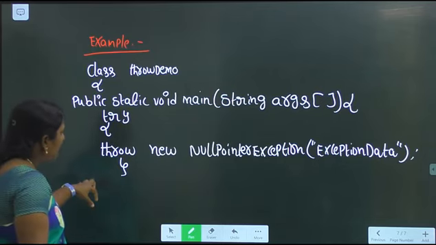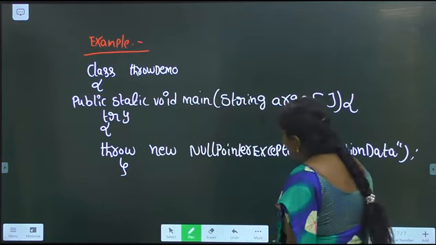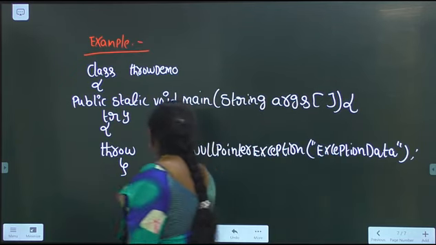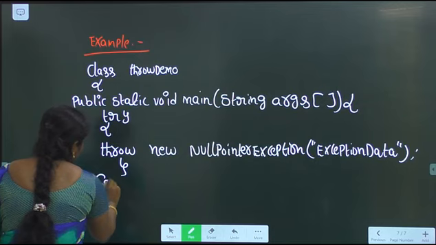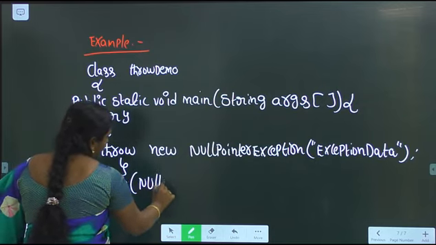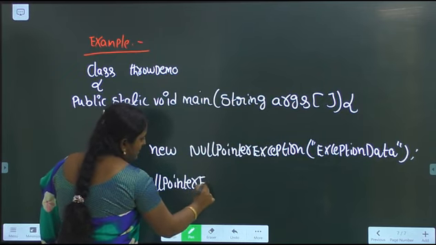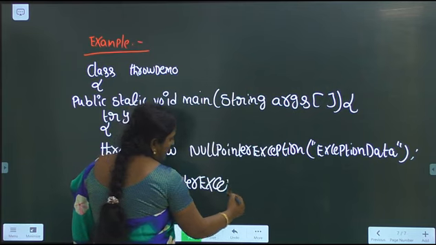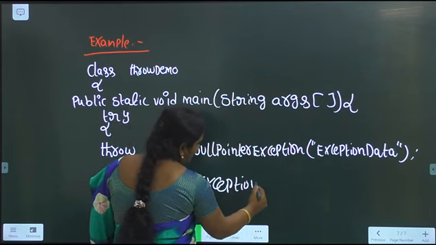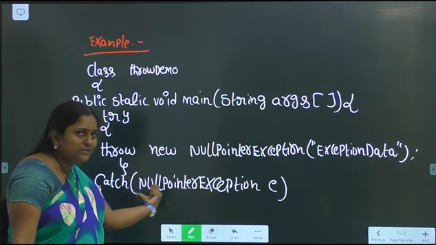After that I am writing the catch block. Catch NullPointerException e. e is the reference of this exception.